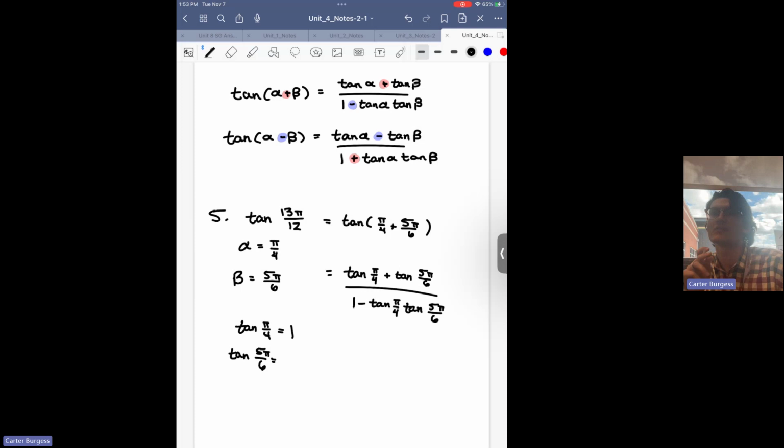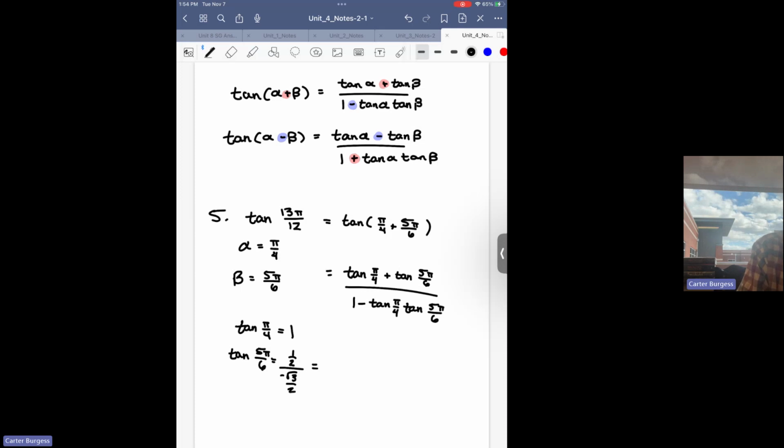So sine of 5 pi over 6 is... almost. That would be if it was 2 pi over 3. That would be the pi over 3 reference angle. So sine of 5 pi over 6 is 1/2 divided by cosine of 5 pi over 6, negative root 3 over 2.